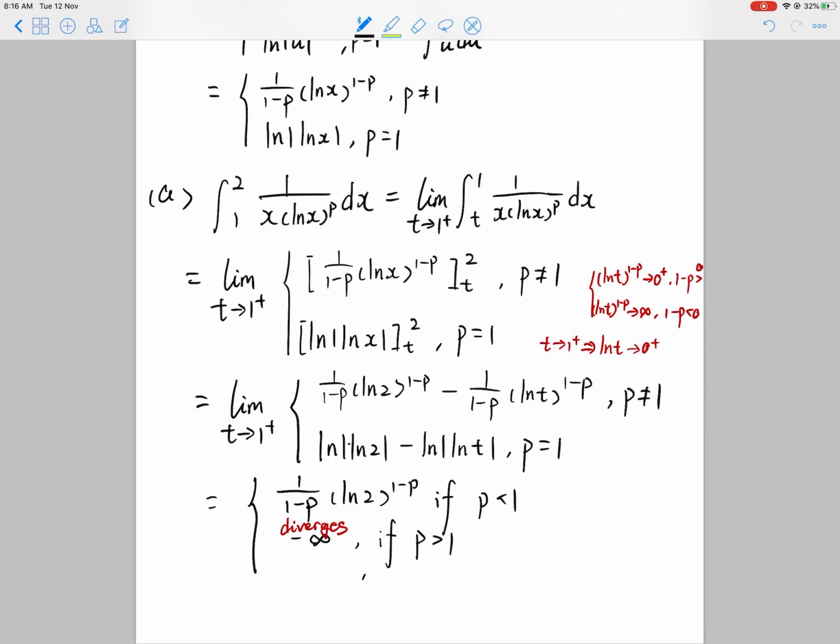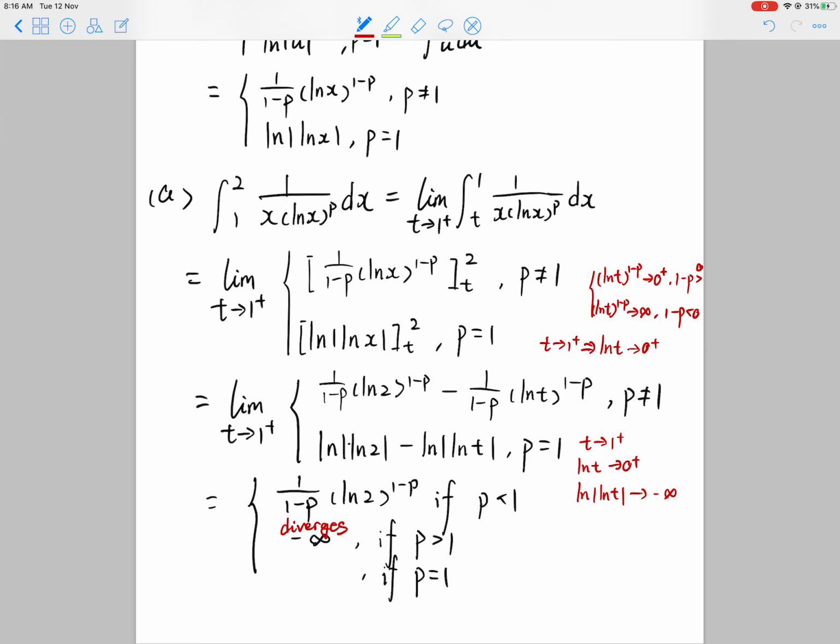What about p equals 1? So when p equals 1, t is approaching 1 from the positive side, so ln t is approaching 0 from the positive side, and ln ln t is approaching negative infinity.